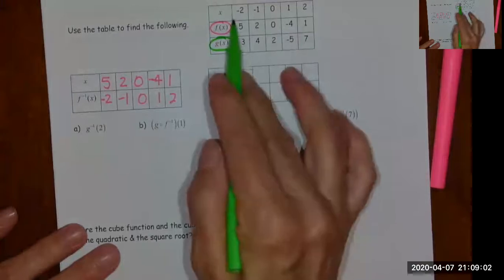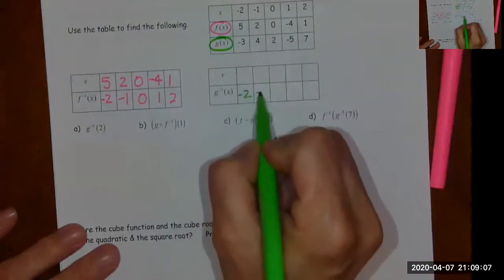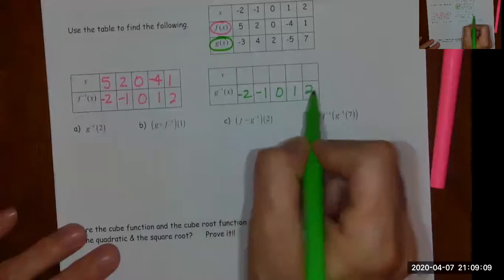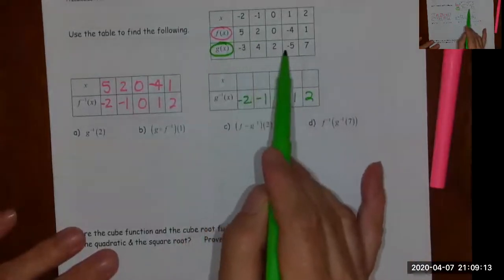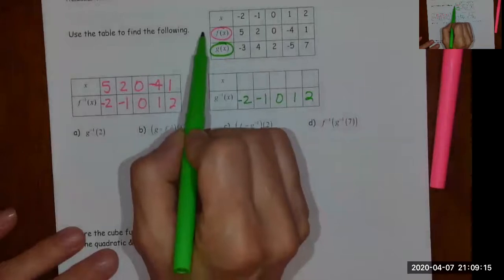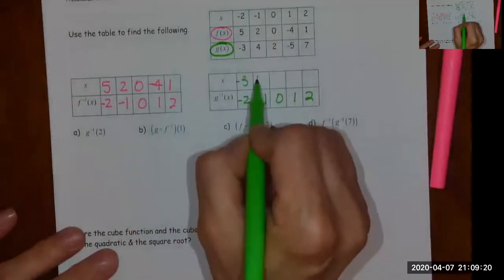Okay, so let's look at the green one. So if these were my x's, when I take the inverse, those are now going to be my y's. Right? And if these were the y's, because remember, this is x, this is y. These were the y's, so they're now the x's.